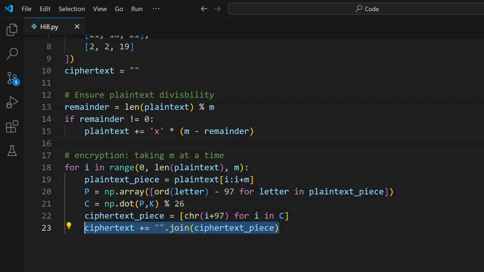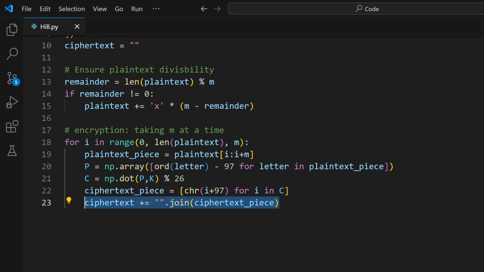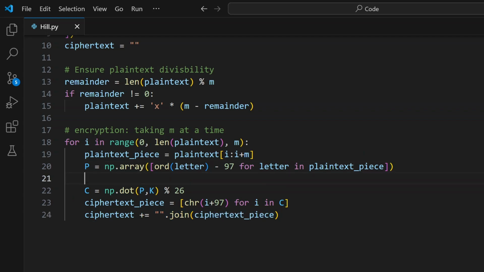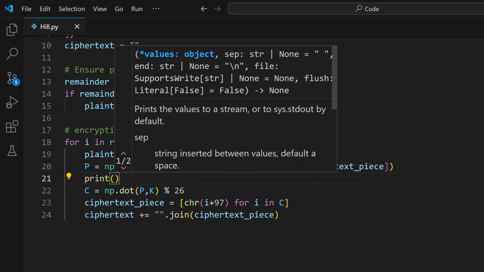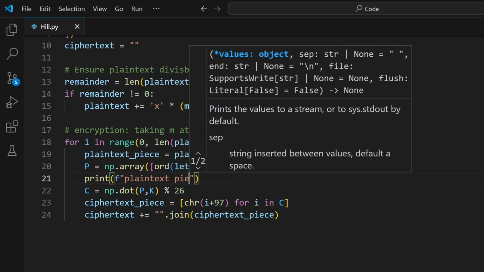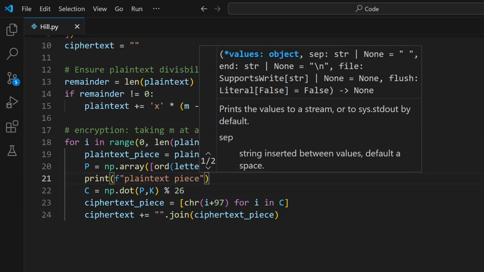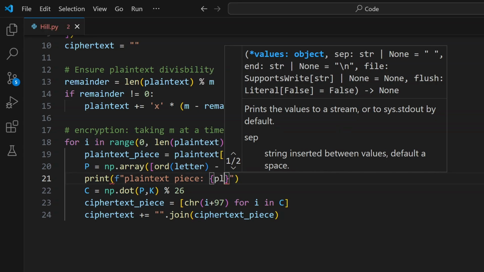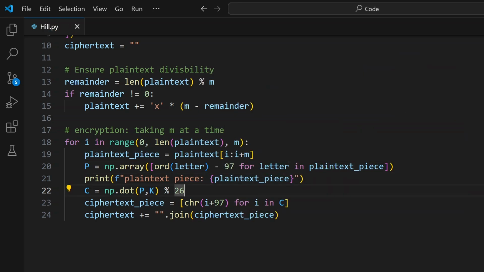So as I said, let's confirm these parts as we go along just to see what's going on and to compare it with our theory section. So this, we can call this the plain text piece, and it would be exactly that.